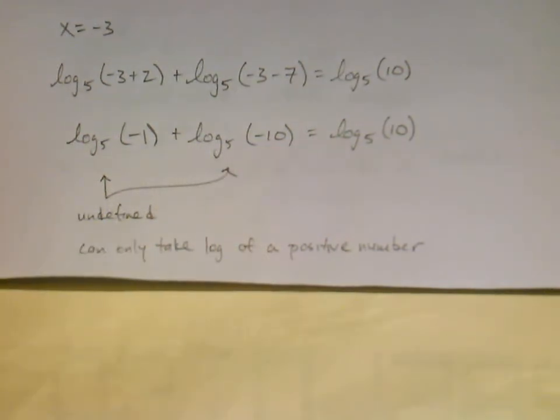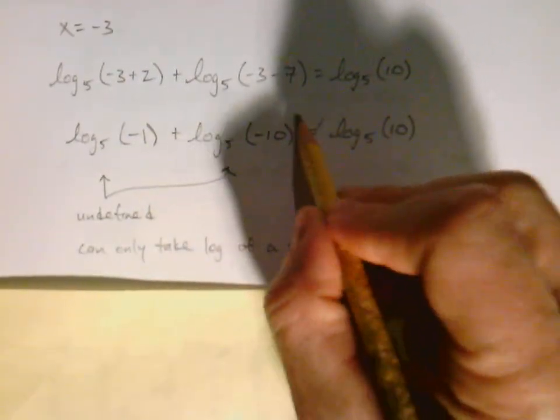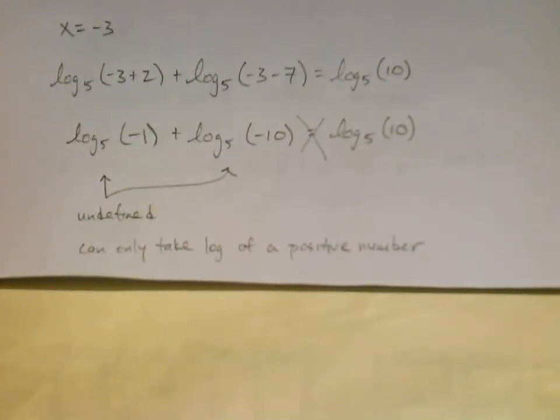X equals negative 3 leads us to an untrue statement, since we get these two undefined values. And I think that's all I'll say about it. I guess one thing to make really clear, it's not the fact that the x is negative, it's the fact that after we simplify, we get negatives.